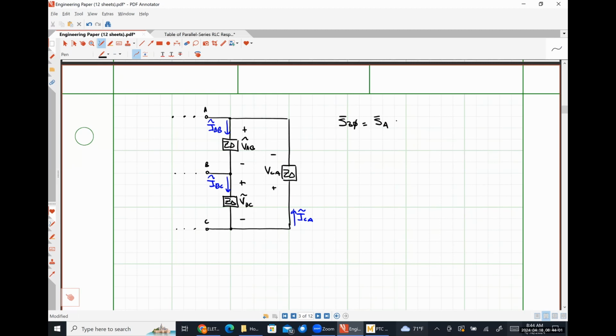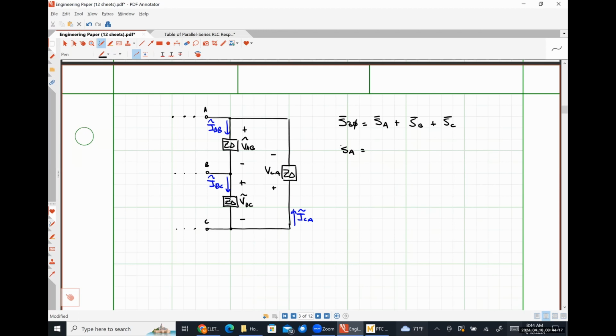So once again, we could say that our total complex power is just going to be the complex power absorbed by the A phase plus the complex power absorbed by the B phase plus the complex power absorbed by the C phase. Nothing different than we did for our Y-connected load.